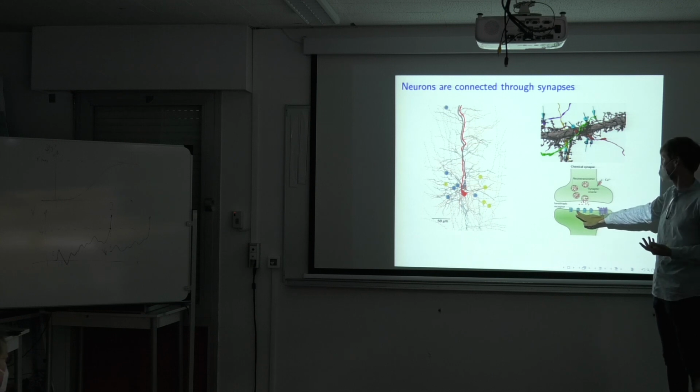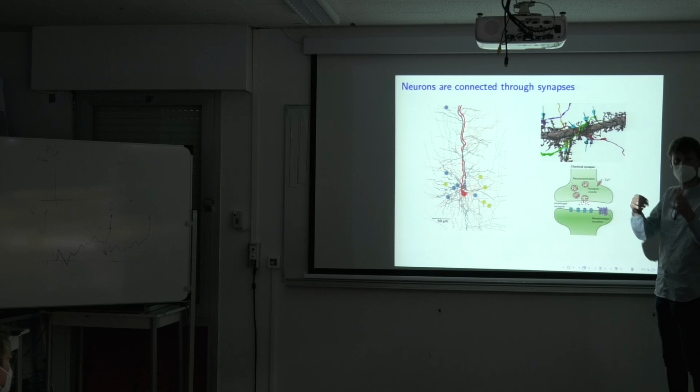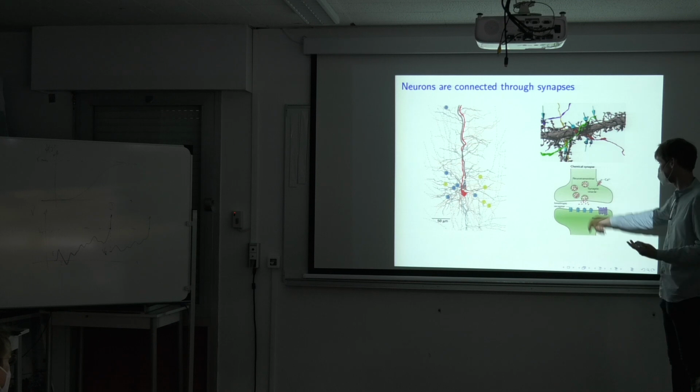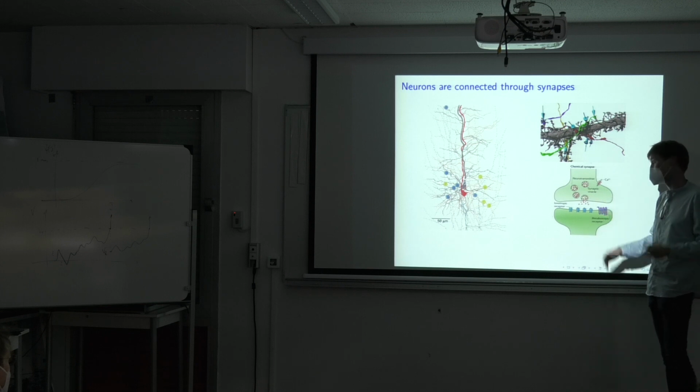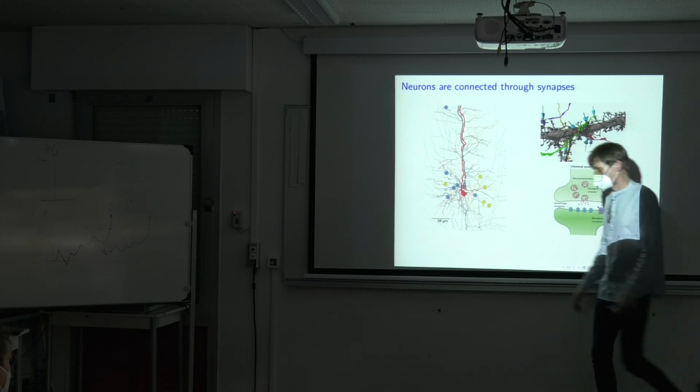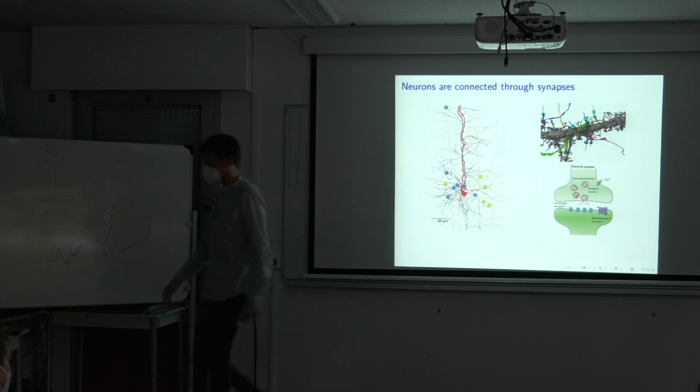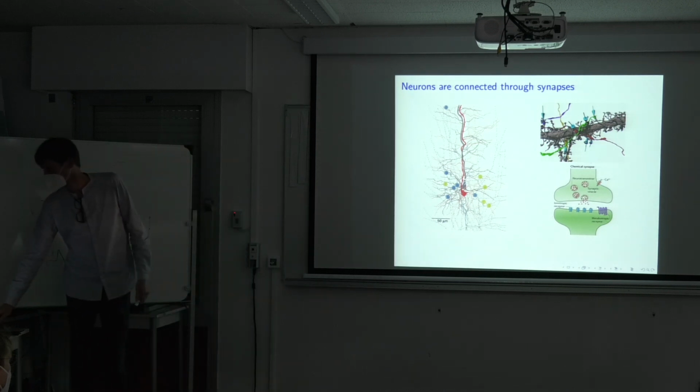When they bind onto receptors, that opens the channel and ions can pass through and depolarize or hyperpolarize the postsynaptic neuron, depending on the type of ion that passes through. So positively charged ions like sodium or calcium depolarize, and negatively charged ions like chloride will hyperpolarize. So that's a very quick description of what happens at synapses.